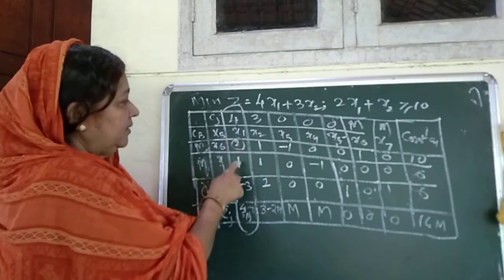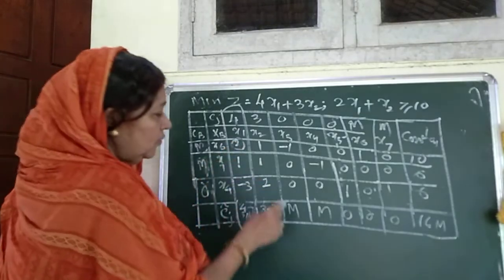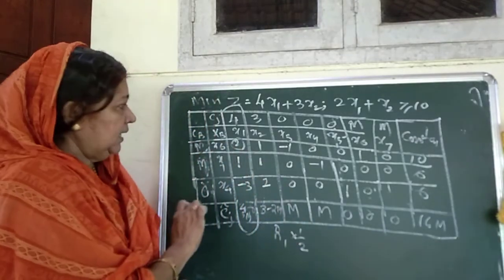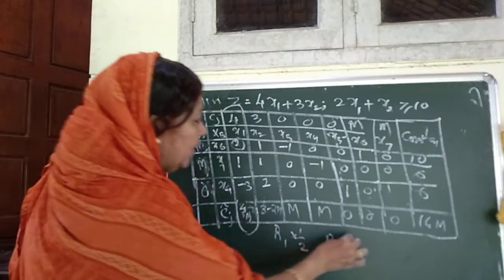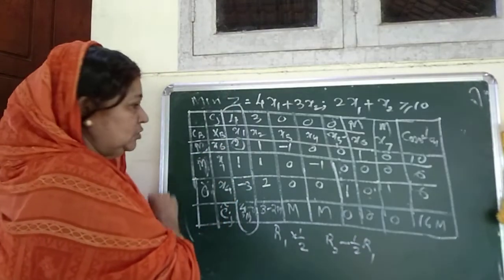2 makes 1, it makes 0, it makes 0. So, R1 into 1 by 2. Then R2 minus 1 by 2 into R1.